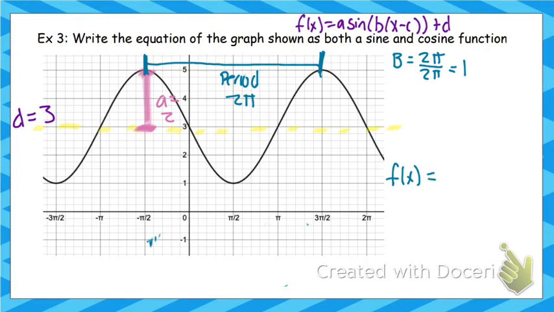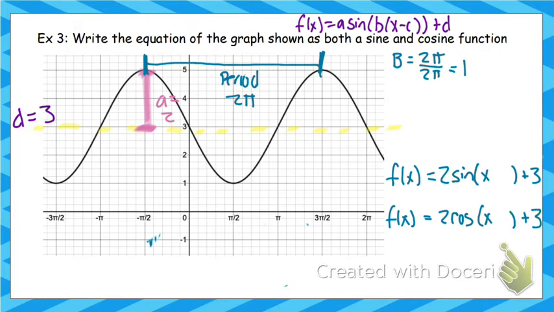So f of x equals a, we'll do sine, b is just 1, so since it's just 1, I won't write it. I'm going to leave this blank for a second, plus d. Then I'm also going to write cosine.